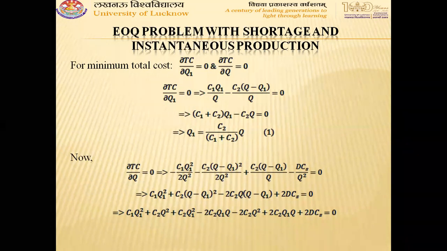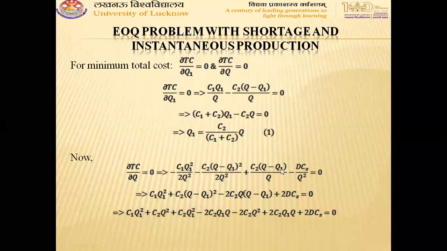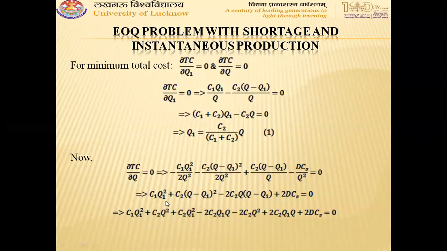So we can easily take the LCM as 2Q square. When we take the LCM as 2Q square, the equation will become C1 Q1 square plus C2 (Q minus Q1) square minus 2 C2 (Q minus Q1) plus DCS.